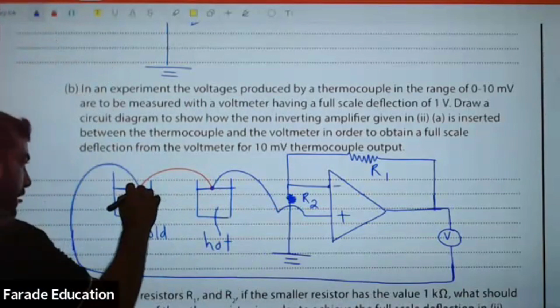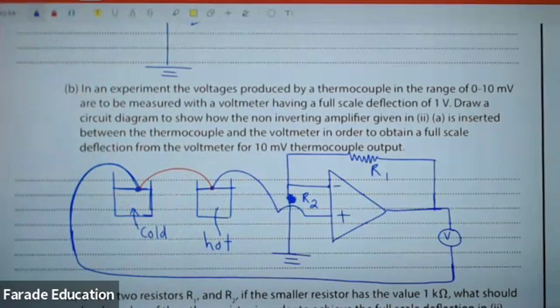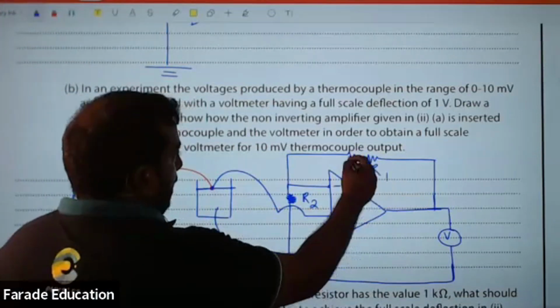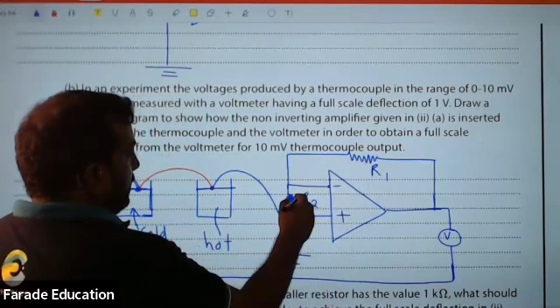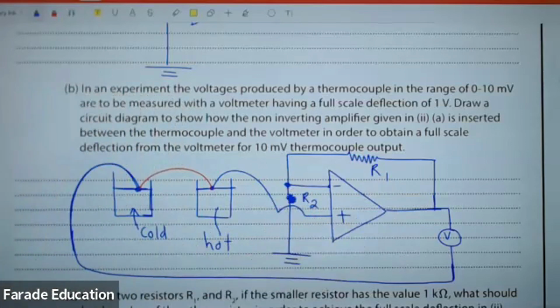You can connect this end and the other end to a voltmeter. This is one setup, and using these feedback resistors and input resistors, we can amplify the required signal. So this is your diagram.